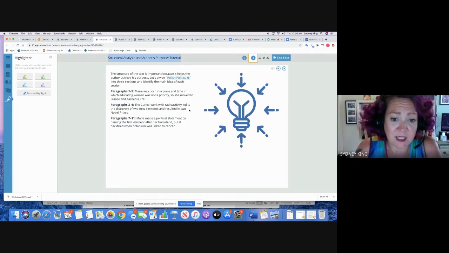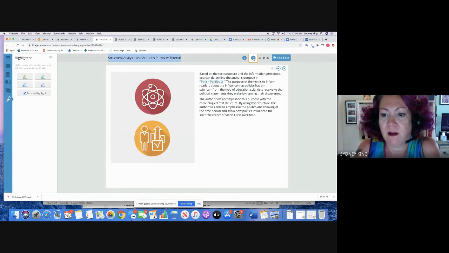And then towards the end, she's making a political statement by naming that element after her homeland, but that backfired when that element turned out to be a cancer-causing agent. All right, so the purpose of this text is to inform readers about the influence that politics has on science.